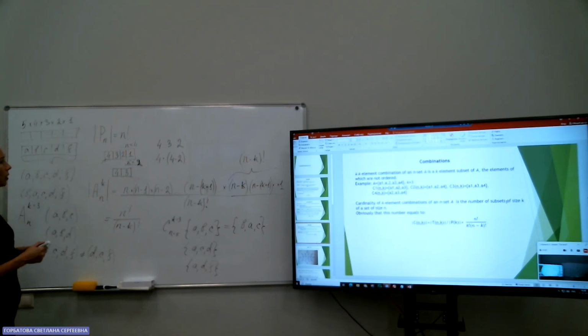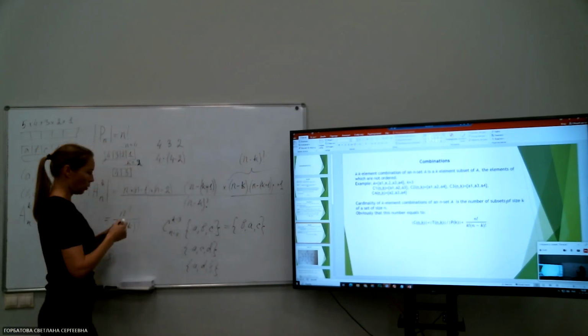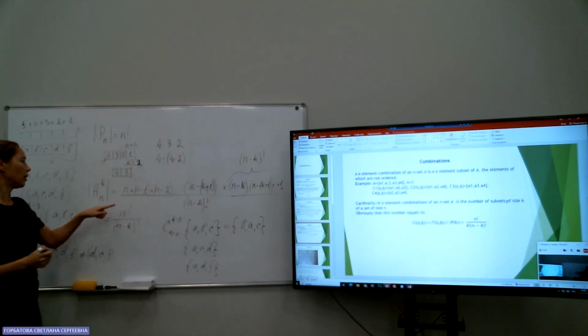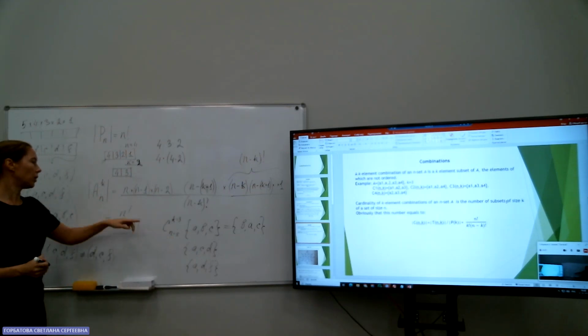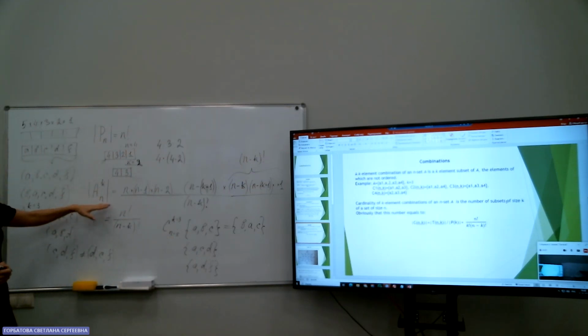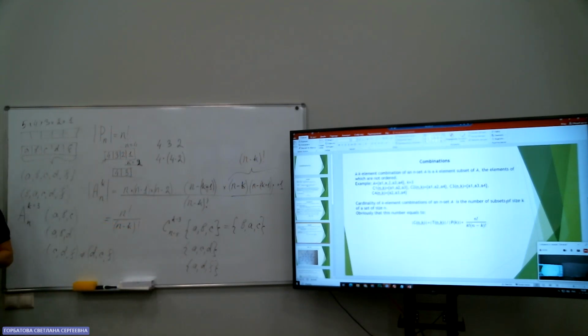So if k will be 3 here and 3 here, n will be 5 here and 5 here. So the number of combinations will be less. Yeah? Is it clear?